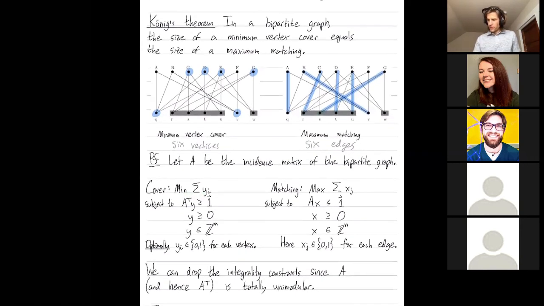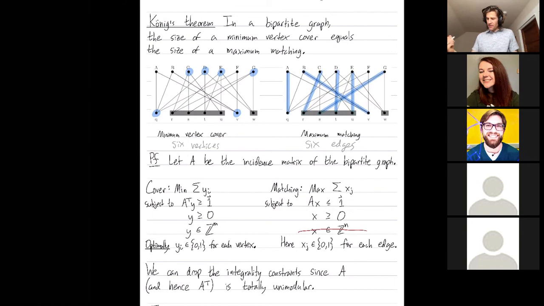So matrix A is totally unimodular, which means you can just cut out this integrality constraint and you don't change the optimum value, right? Because once I've removed this integrality constraint, I now have a truly linear programming problem, and the total unimodularity theorem said I could find just as good of an optimal solution with integer constraints.